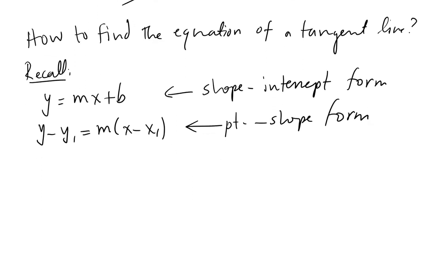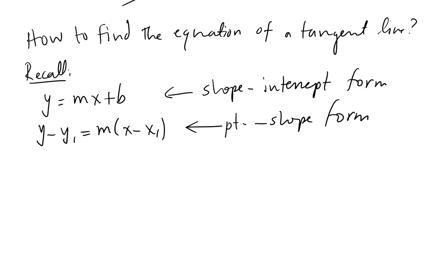To find the equation of the first one, you need a slope and y-intercept. To find the equation of the second one, you need a point and a slope.